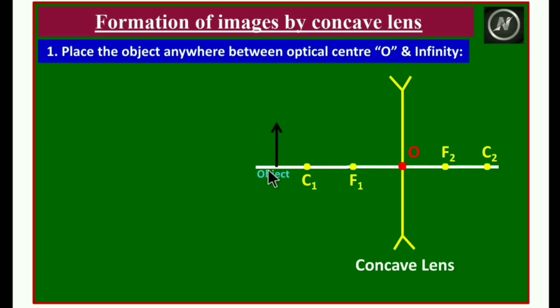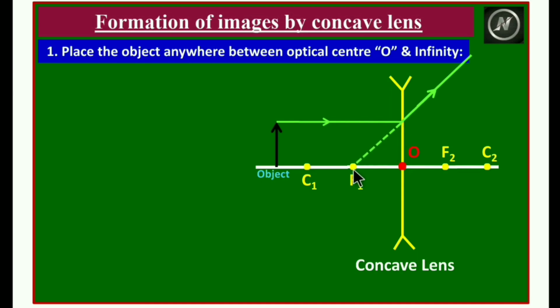Now, the rays coming from the object, which are parallel to the principal axis, are incident on the concave lens, and they undergo refraction and move away from the principal axis, but they seem to emanate from the focus F1. So they move away, but these light rays seem to emanate from the focus.